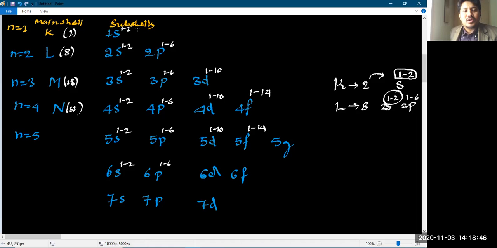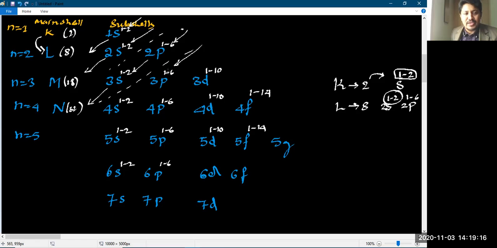Now what you are supposed to do is fill the electrons. Electrons always fill the shell nearer to the nucleus first. After filling the first shell, they move to the next shell, that is the next subshell. After 1s it moves to 2s, then 2p, then 3s, then 3p.